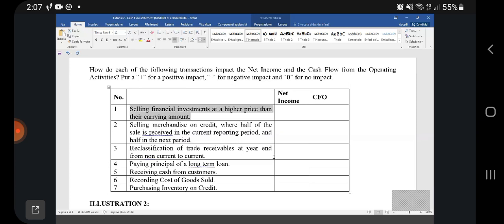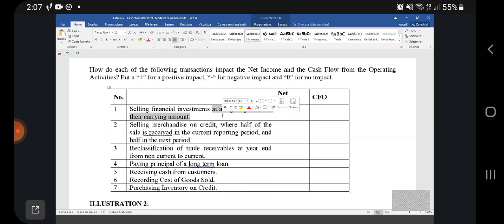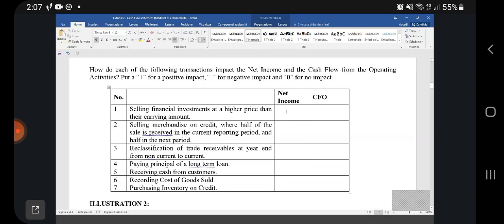Having said that, now we are selling these investments at a price that is higher than their carrying amount. Do we have any impact in the net income for the period at the moment of selling them, and which will be the impact? If we are selling at a higher price than we purchased previously, this means, tell me if you don't agree with me, that I will have a gain on sale of investment.